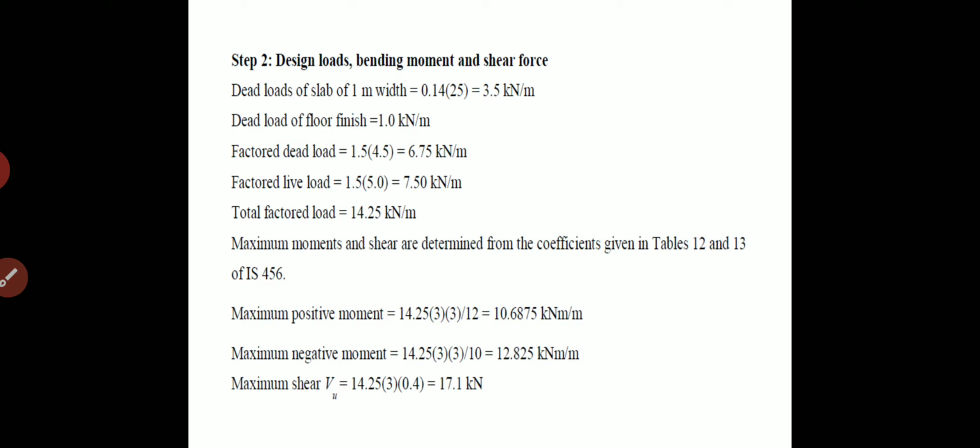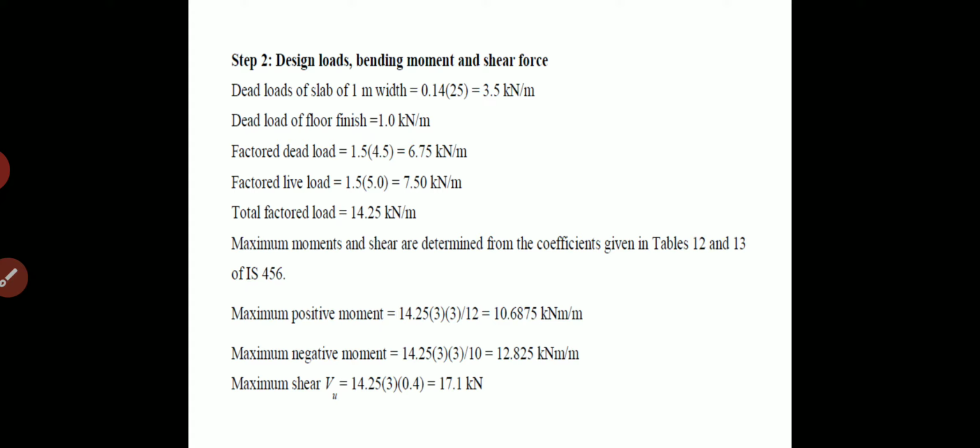So here 0.14 into 25, where 25 is the unit weight of concrete, equal to 3.5 kilonewton per meter. Dead load of floor finish equal to 1 kilonewton per meter.